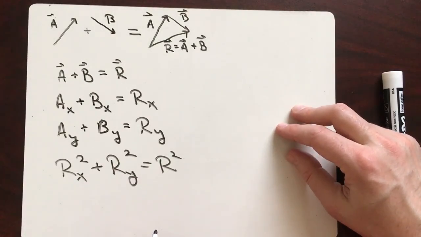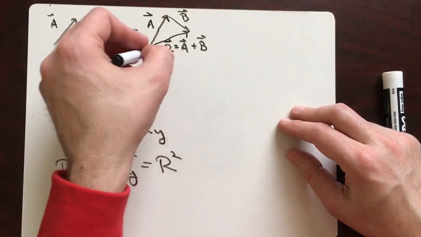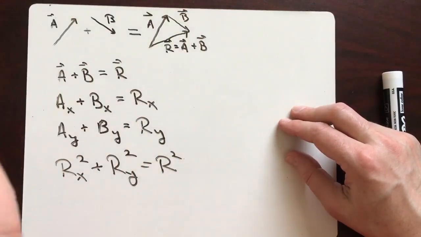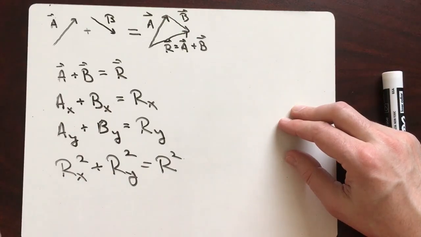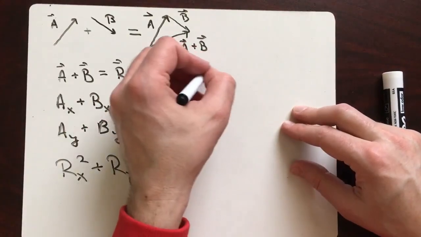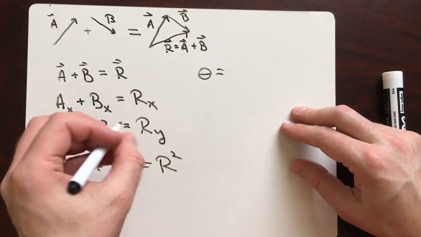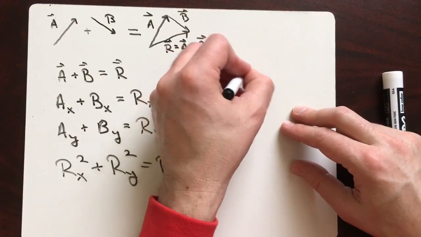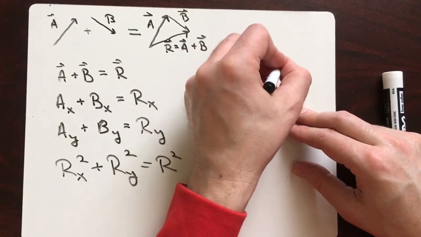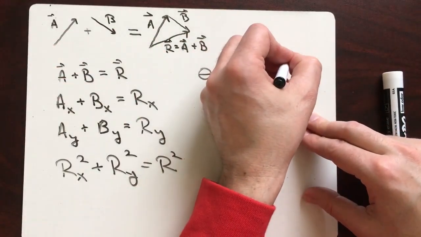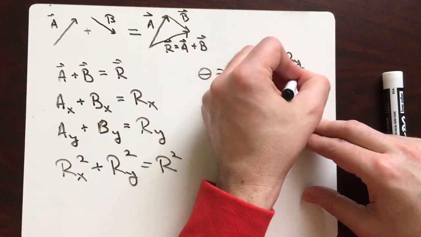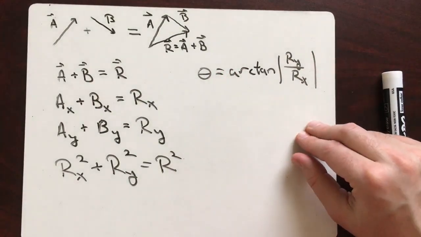If I want to get the angle, this resultant is just a vector, and like any other vector, I can draw it as the hypotenuse of a right triangle. So if I want to get the angle, for example, with respect to the horizontal, and this is covered in the previous video, but I just take the arctangent of r_y over r_x.